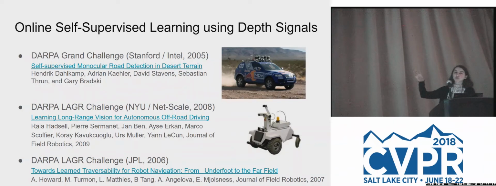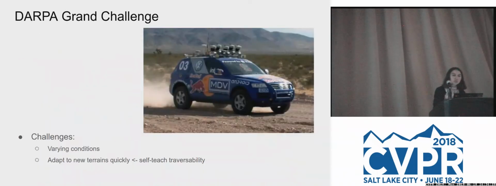The first one was for driving on dirt roads, and the last two papers are a couple of examples of learning with self-supervision for the Grand Challenge. The DARPA Grand Challenge was a set of competitions in which a fully equipped autonomous vehicle is supposed to drive on an unknown desert road and reach a destination as fast as it can.